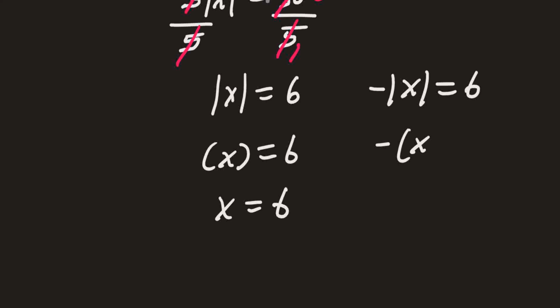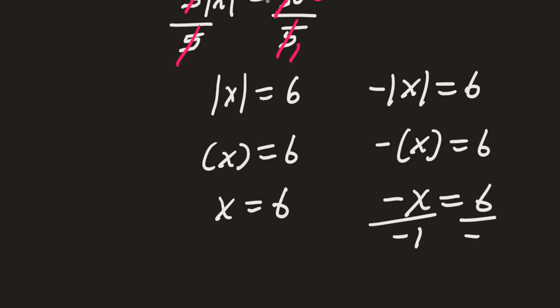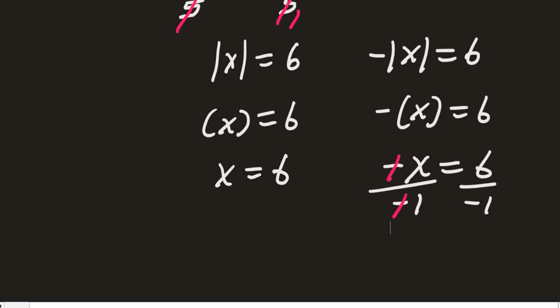Use a parenthesis, equate that to 6, and clear the parenthesis. You have -x is equals to 6. Divide both sides by -1. And negative is going to cancel negative from here. And x automatically is equal to -6.